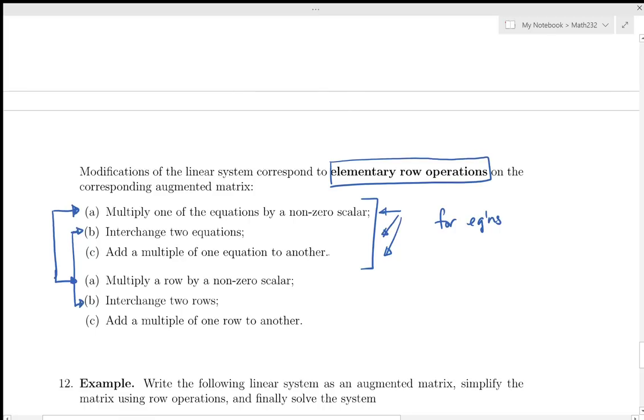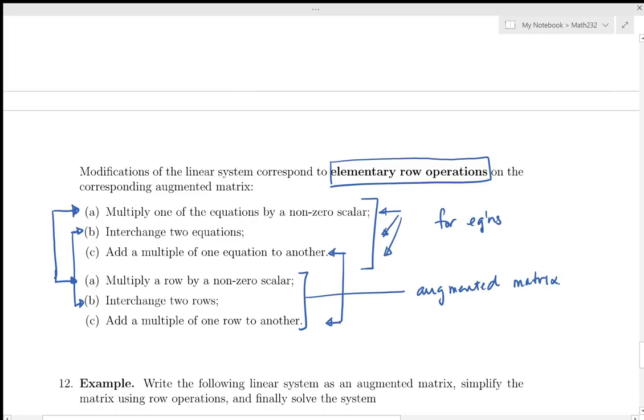If you add a multiple of one equation to the other, that is exactly the same as adding a multiple of one row to the other in your augmented matrix. So these rules are the same. The first set of rules, A, B, and C, are when we're thinking in terms of the equations, and the second set of rules, A, B, and C, are when we're thinking in terms of the augmented matrix. I'm saying exactly the same thing though.